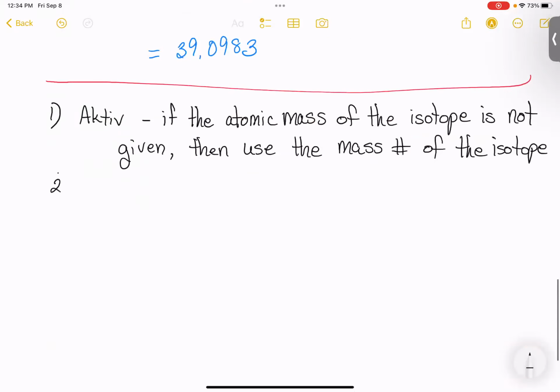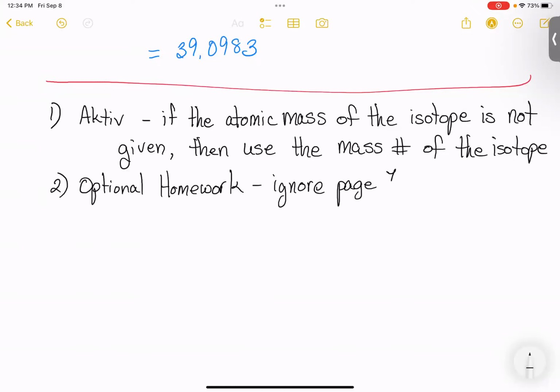The second thing I want to mention is, if you are doing my optional homework, which is good for studying for the exam, ignore page 1 of the average atomic mass homework.